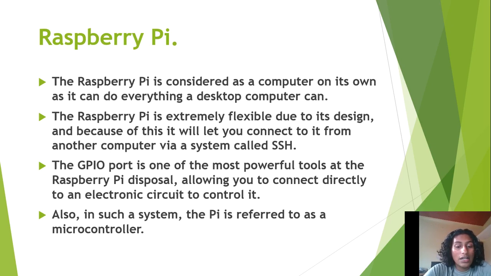It is extremely flexible due to its design, and because of this it lets us connect to it from another computer through a system called SSH. Pi is referred to as a microcontroller, thus used for big projects. Python and Scratch can be used as the main programming languages in it.